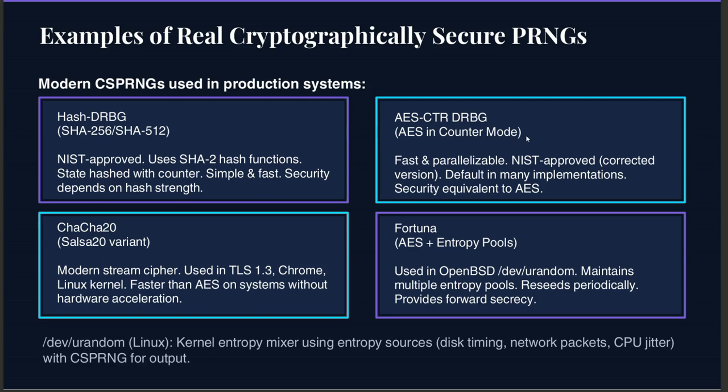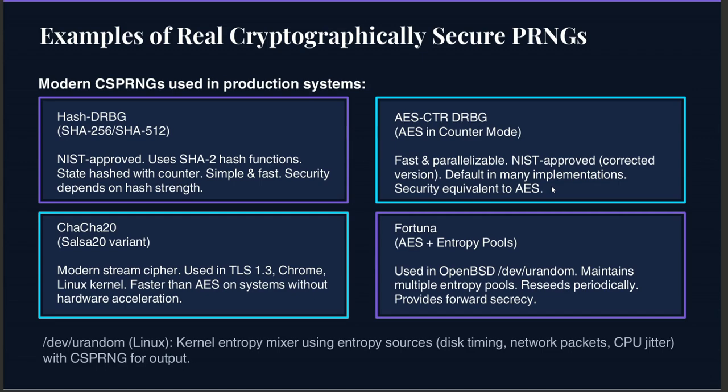Next is AES-CTR DRBG. This generator uses the AES block cipher in counter mode. Now let's understand the idea intuitively. AES is already considered computationally secure encryption. CTR mode converts AES into a stream generator. The generator encrypts continuously increasing counters: AES of counter 1, AES of counter 2, AES of counter 3, and so on.